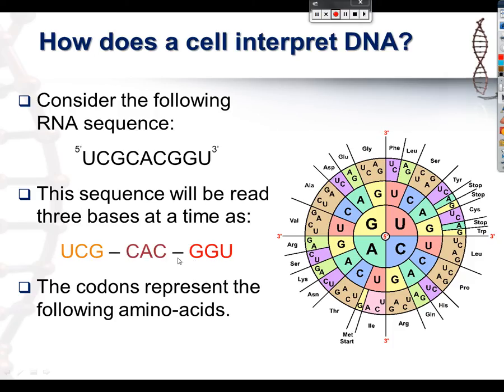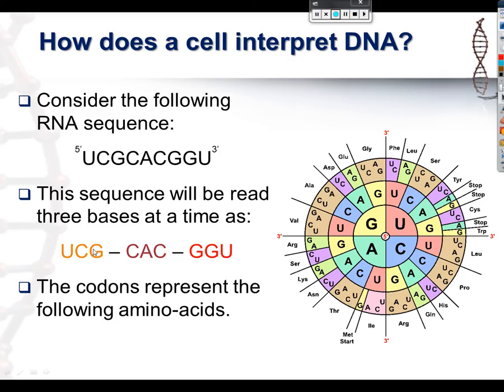Now, based on this sequence, these codons would code for what amino acids? Which 3 amino acids would be represented here with these 3 codons? You use the wheel to answer the question.